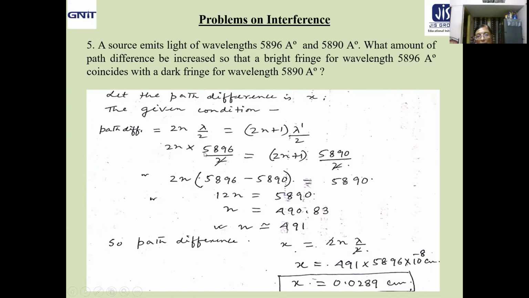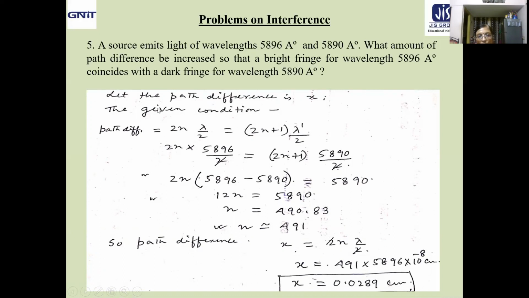With 2n, it is the smaller value; with 2n plus 1, it is the larger value. Then only you will get the finite value of n, the order for which it will happen. The n will come out as more than 490, 490.83. So in which order is this possible? This is possible in 491 order.